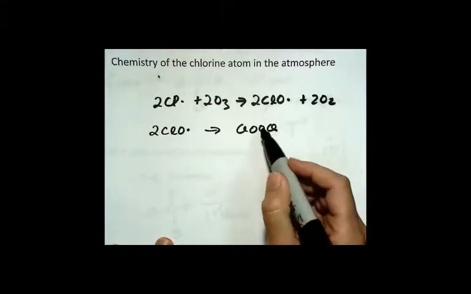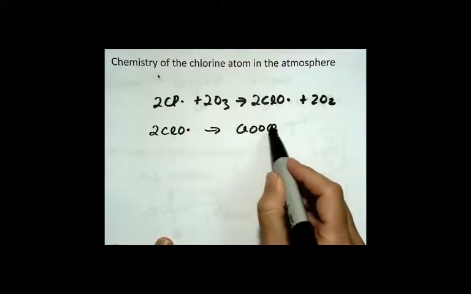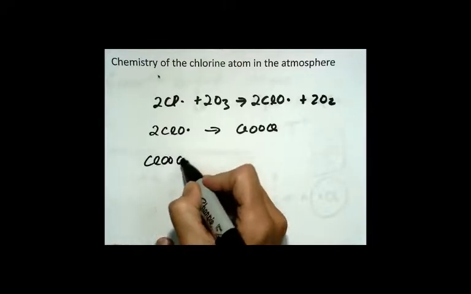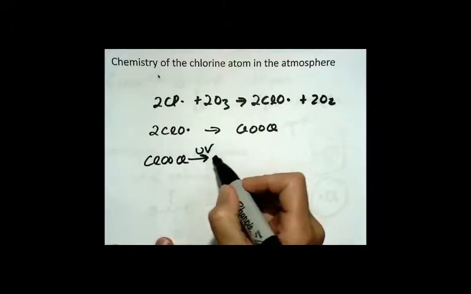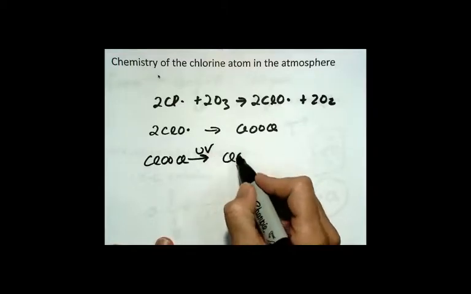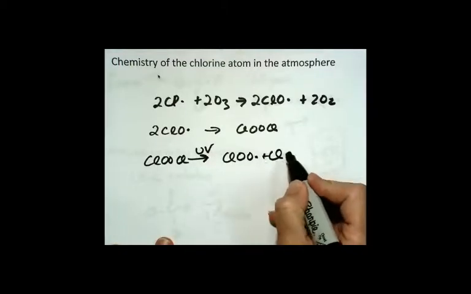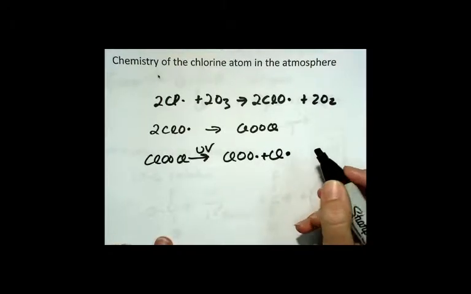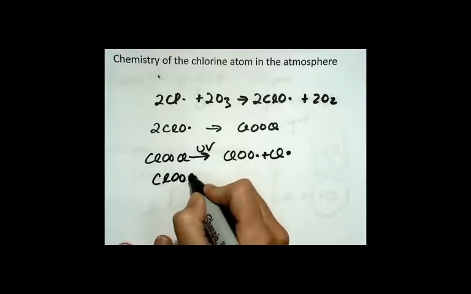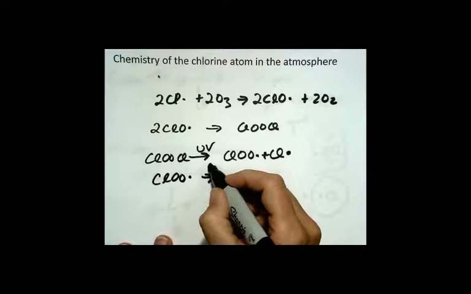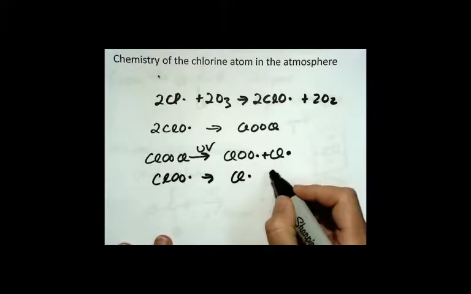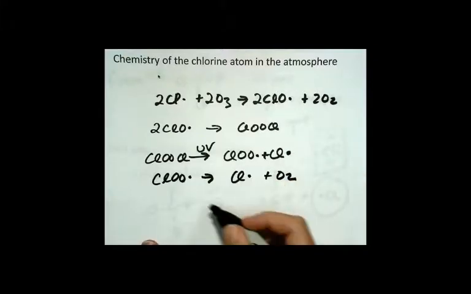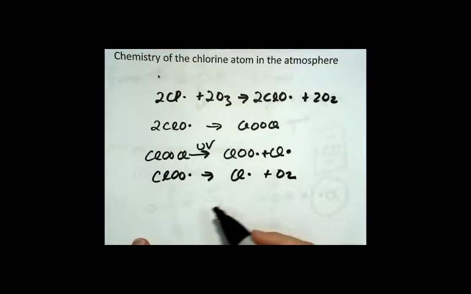And then this particular molecule that is formed when these two free radicals collide will itself also break in the presence of UV light to give chlorine, oxygen, oxygen free radical plus another chlorine free radical. Okay, and then the other chlorine, oxygen, oxygen free radical will break down further to give another chlorine atom plus oxygen.